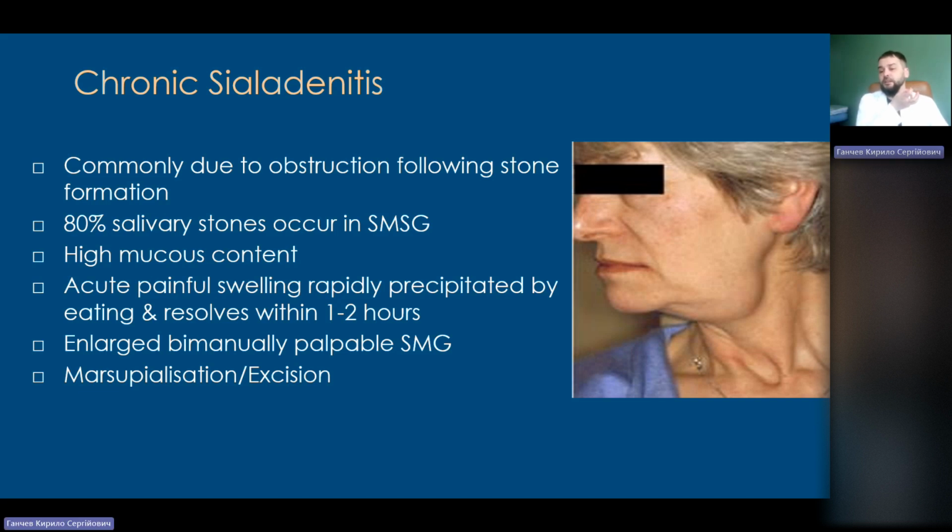Because the secret is collecting in the duct, and if you have a concrement or stone that obstructs the duct, the secret of the salivary gland cannot move. So that's why it's very painful when you see food, smell food or start to eat. The patient could complain, okay, I have pain when I'm eating. And as you can see, it resolves within 1-2 hours.